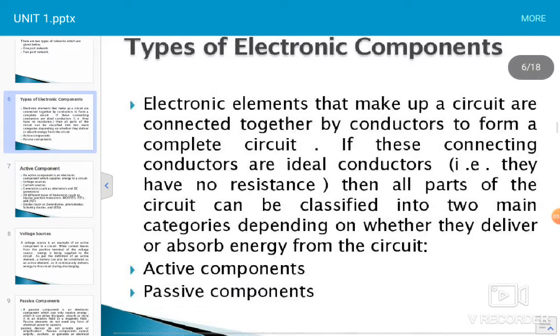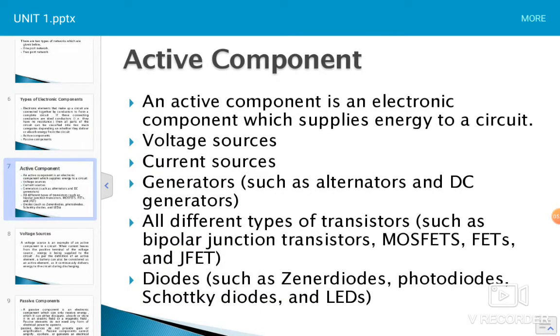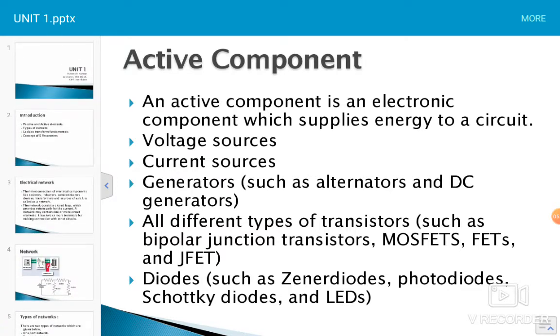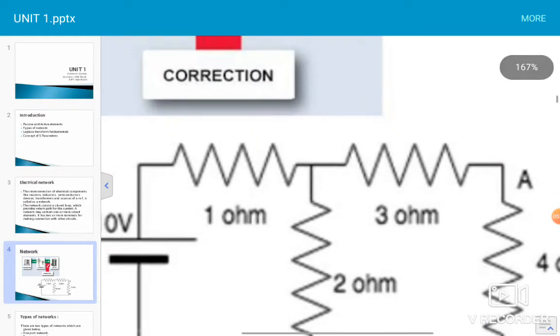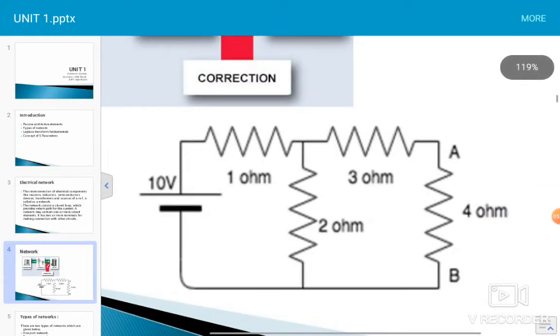So let's see the active components. What are the active components? An active component is an electronic component which supplies energy to the circuit. So who supplies the energy? If we want to explain it with a figure, let's go behind that. See, in this network you've seen that a 10 volt battery, a 10 volt source, is connected in this circuit.